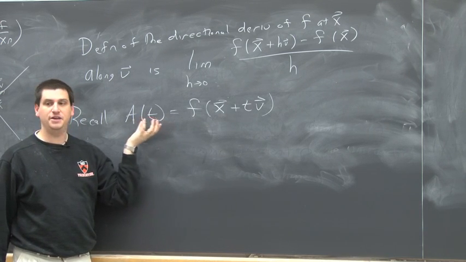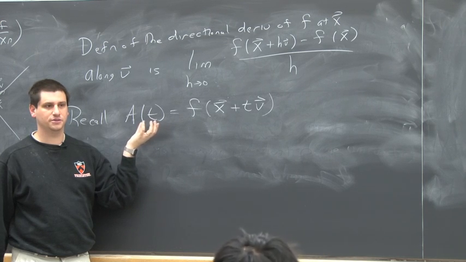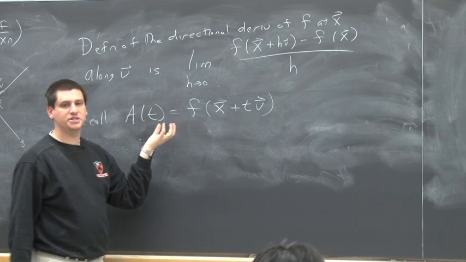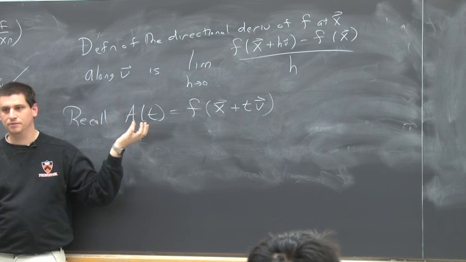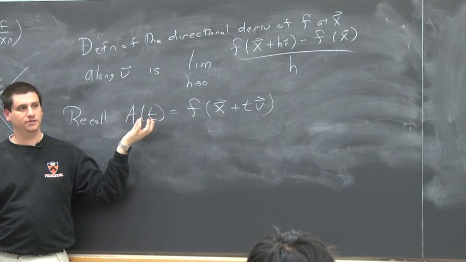So how many variables does this depend on? Just one. So where do you learn how to take derivatives of a of t?